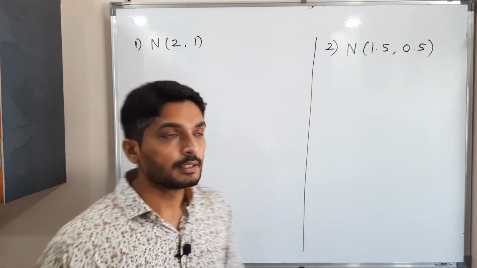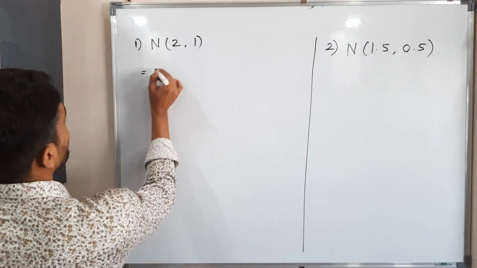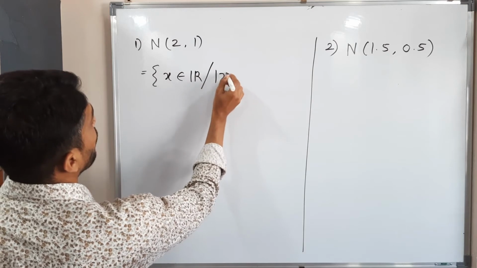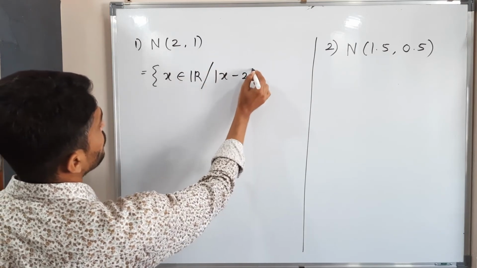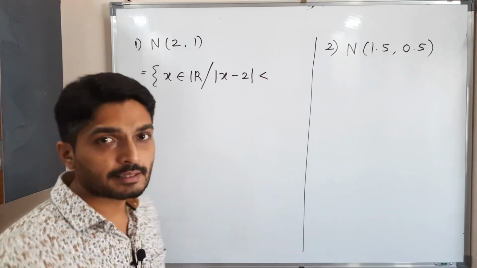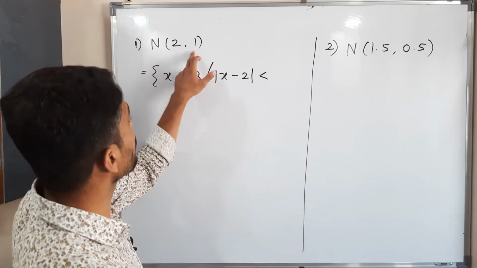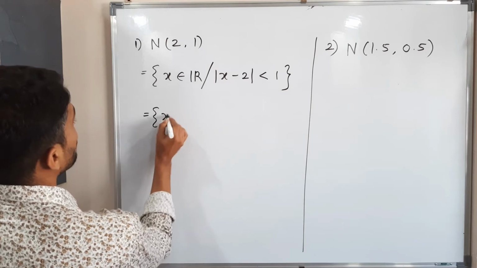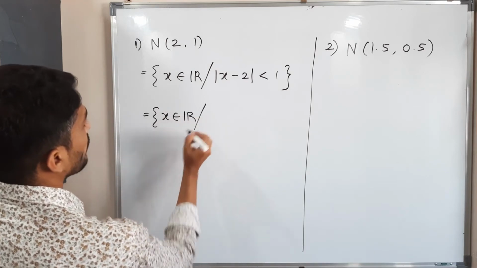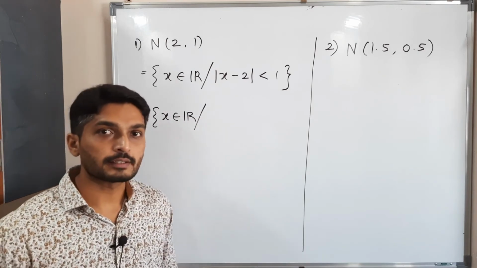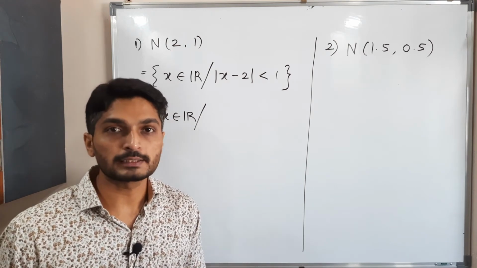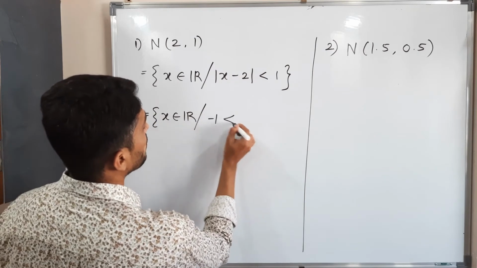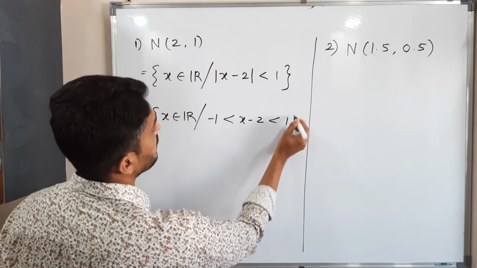Let us solve. See, I am going to follow the definition. So definition says x belongs to R such that mod x minus P, P means 2, less than epsilon. But what is value of epsilon? 1 here. This is equal to x belongs to R. Okay, so I am going to apply that result, mod A less than B if and only if minus B less than A less than B. So by that result, minus 1 less than x minus 2 less than 1.